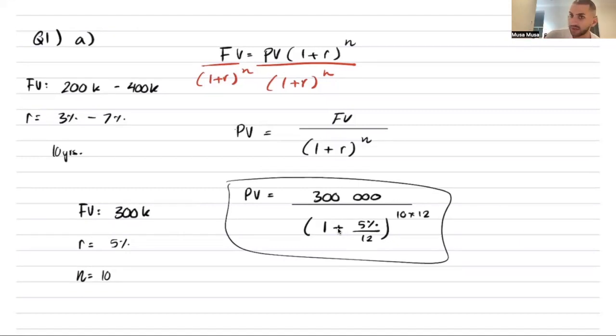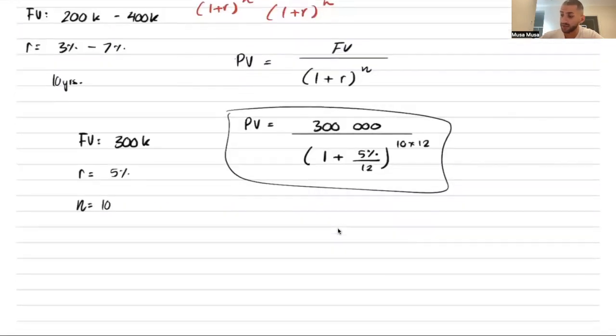Just so that we have an idea about whether our sheet works or not, let's plug this into a calculator to make sure it lines up. So we have 300,000 over 1 plus 5% over 12 to the power of 10 times 12. We see that the present value for this example has to be 182,148.3121.